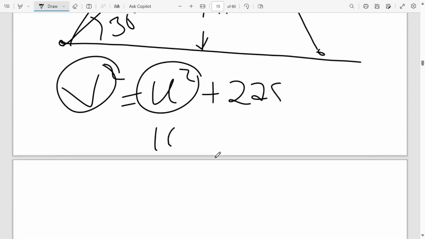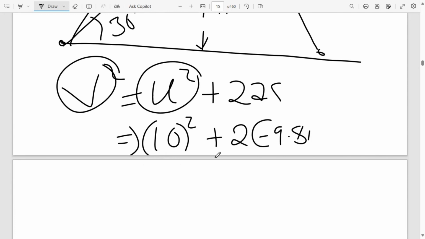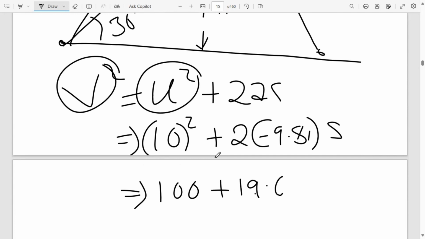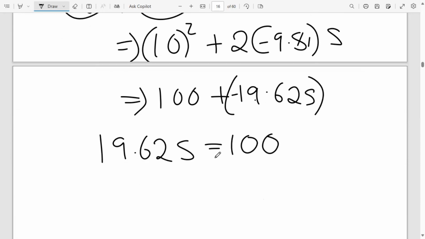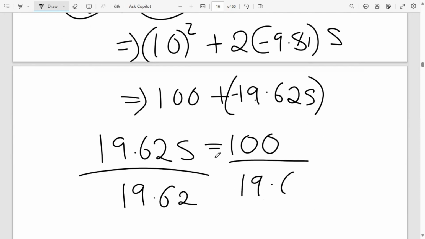So u squared will be 10 squared plus 2 times negative 9.81 times s, and s is the distance that we are looking for here. So this will be equal to 100 plus negative 19.62 s. So 19.62 s will be equal to 100, over 19.62, even here over 19.62.